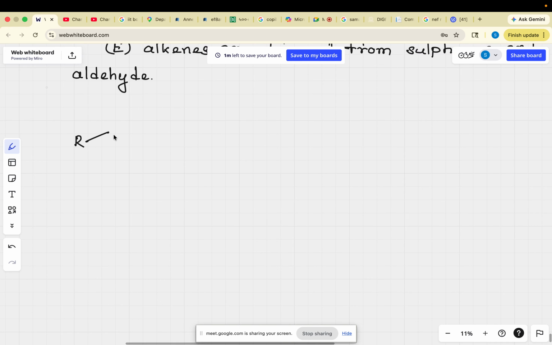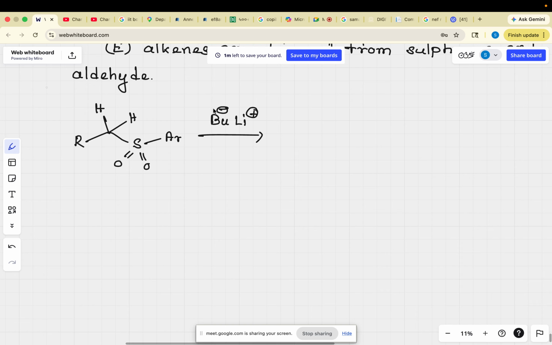Suppose you have a sulfone, this kind of thing, sulfur double bond O, double bond O. Here you have an aryl group, and here you have two protons. Next you have butyl lithium, so lithium plus and butyl minus.